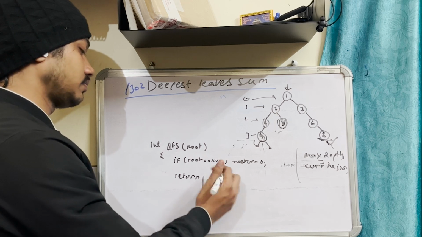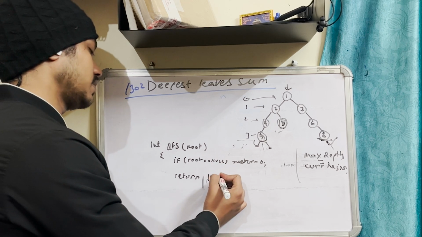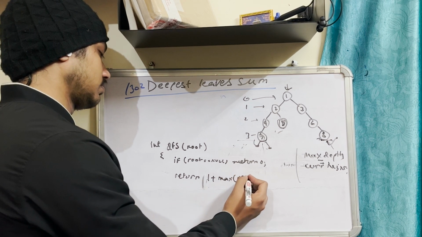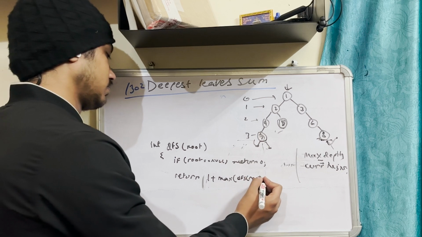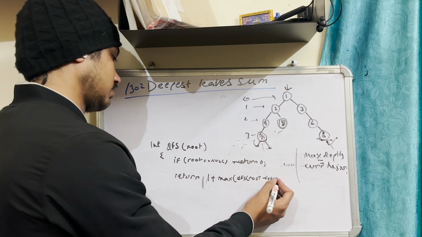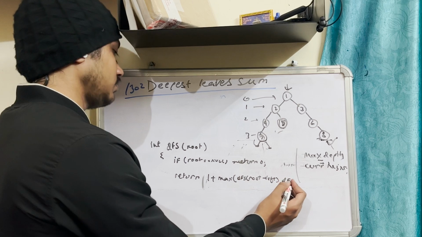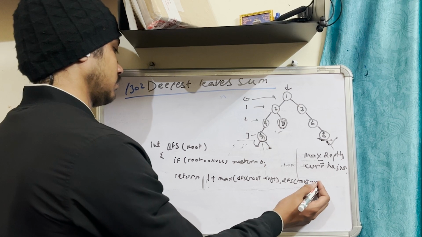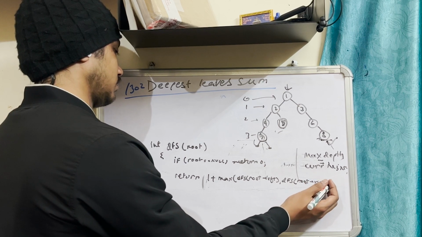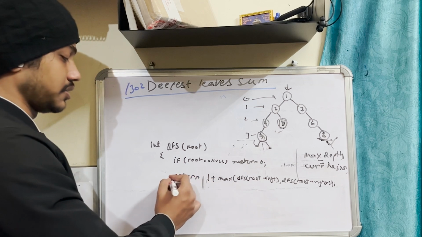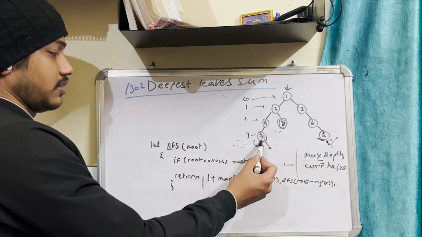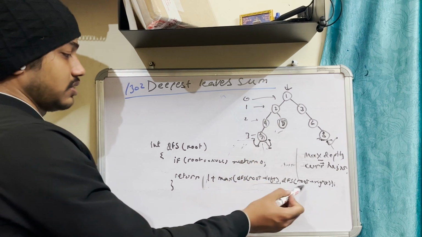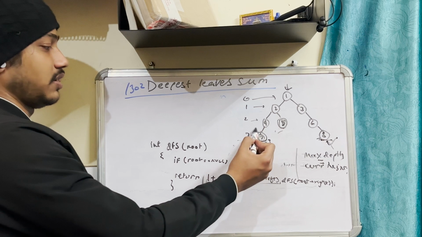basically its parent 1 plus max of left and right. Okay, we will return this. If we came here, root is null, it will return 0. Like this one you have 0, and its parent will return 1.